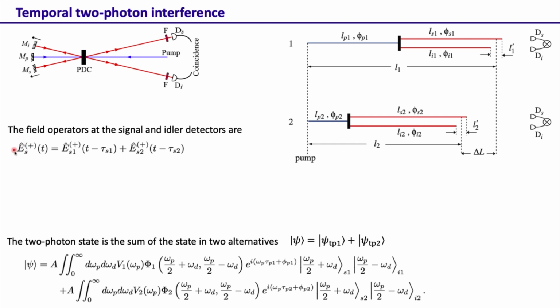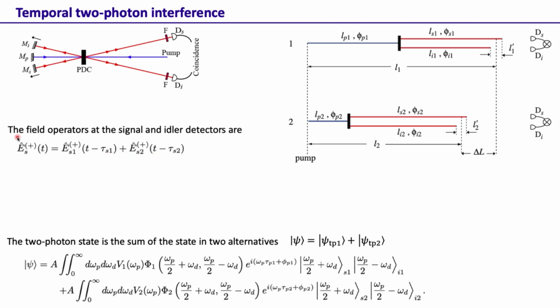So the field that we have at the detector at time t is the sum of the fields: the first one is the signal field at the crystal at time t minus tau s1, and the signal field at the crystal in alternative 2 at time t minus tau s2. So that's why the field at the detector at time t is the sum of the fields at time t minus tau s1 and at time t minus tau s2.